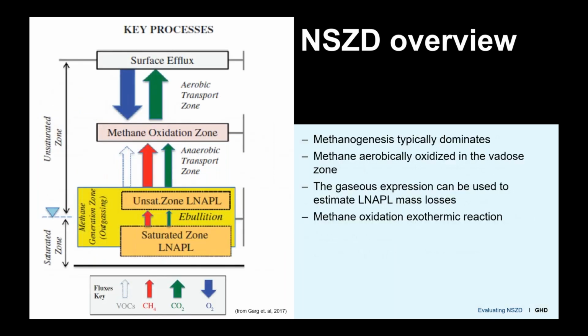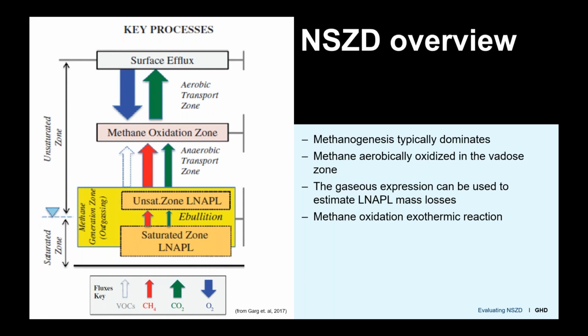So, okay. Looking at these processes, methanogenesis typically dominates the degradation processes. This is an anaerobic process that's occurring in the saturated zone and the capillary fringe. It generates a significant amount of methane and CO2 gases, which migrate upward, represented by the green and red arrows in the diagram on the left.